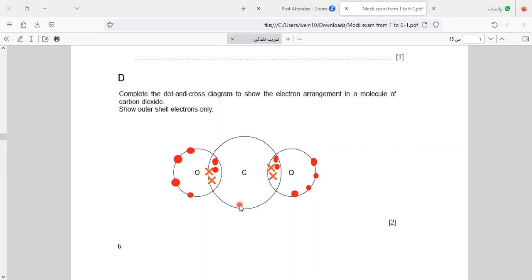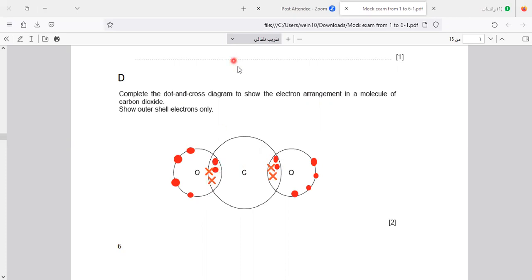To make sure you are correct, count the number of electrons, which must be 8 around each one. For this oxygen, 1, 2, 3, 4, 5, 6, 7, 8. So this is correct. This oxygen, 1, 2, 3, 4, 5, 6, 7, 8. This oxygen is correct. Now carbon, 1, 2, 3, 4, 5, 6, 7, 8.